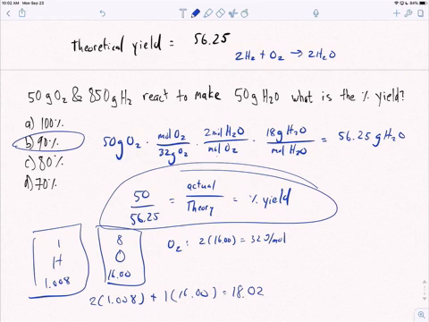The theoretical yield is your actual yield. So if you mix 50 grams of water, that's your actual yield. And what the yield should be, the theoretical yield, is 50. This is the percentage.